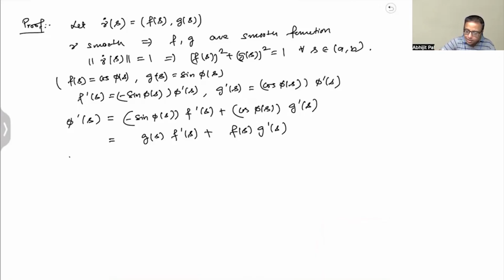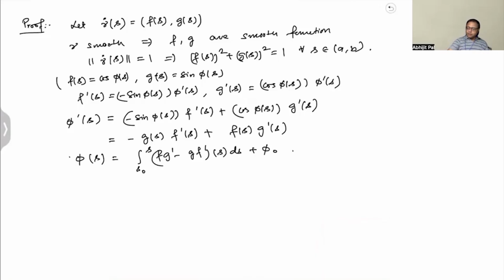So you can integrate the right hand side, and you get phi s, which is equal to the integral from s naught to s of f g prime minus g f prime at the point s ds, plus phi naught.